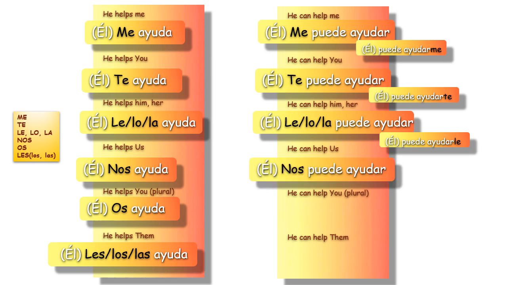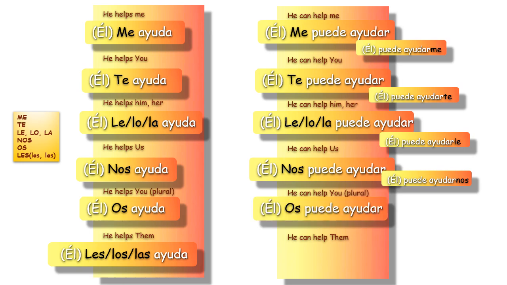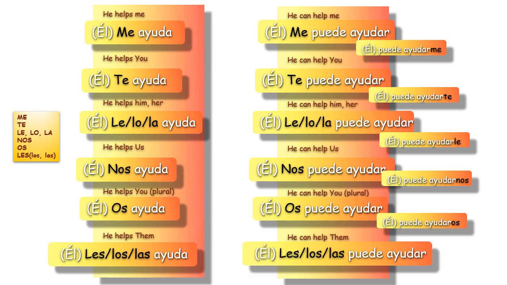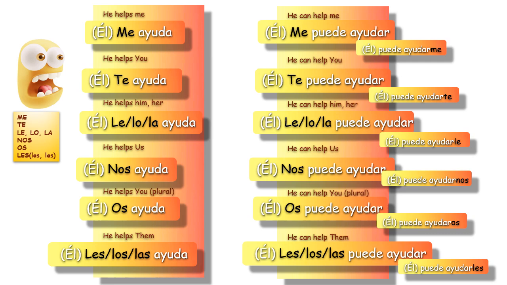He can help us is nos puede ayudar o puede ayudarnos. He can help you all, plural. Os puede ayudar o puede ayudaros. O he can help them. Les puede ayudar o los puede ayudar o las puede ayudar o puede ayudarles. I know, all together looks hard, but give me 5 more minutes.